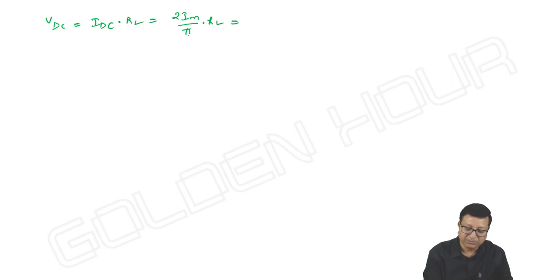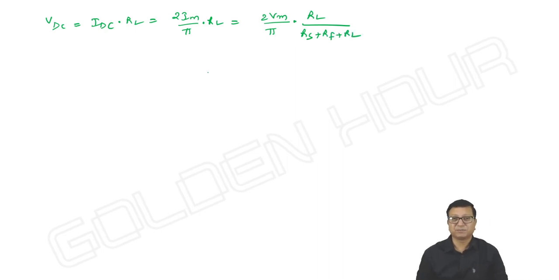Then what about VDC? VDC is equal to IDC into RL, the DC value of the output. That is 2Im by pi into RL. Or I can further write it like 2 Vm by pi into RL by Rs plus Rf plus RL. That is VDC.